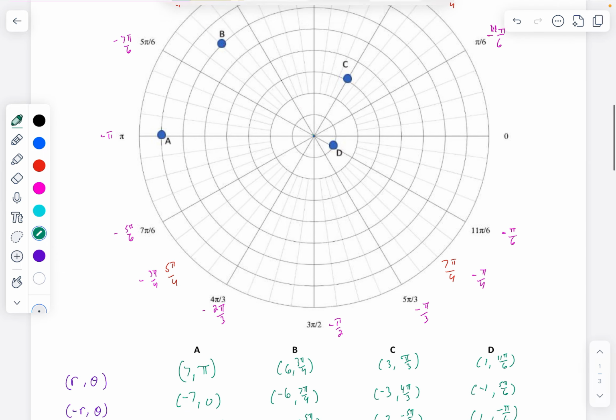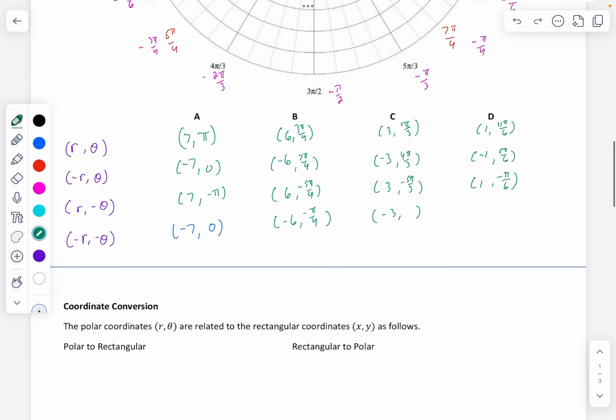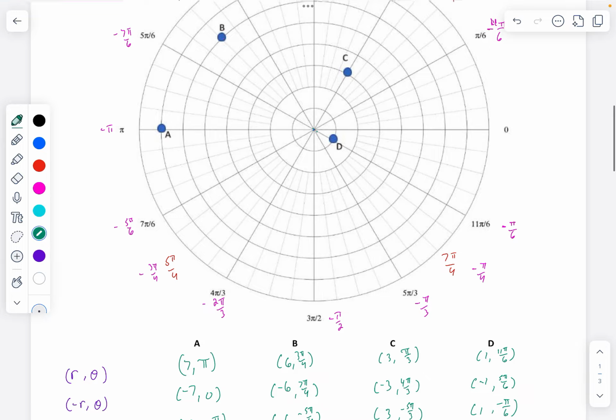We're moving away from negative 2 pi over 3. And then lastly, we have D, where we're moving a distance of 1, so it's negative 1. What are we moving away from? Negative 7 pi over 6.